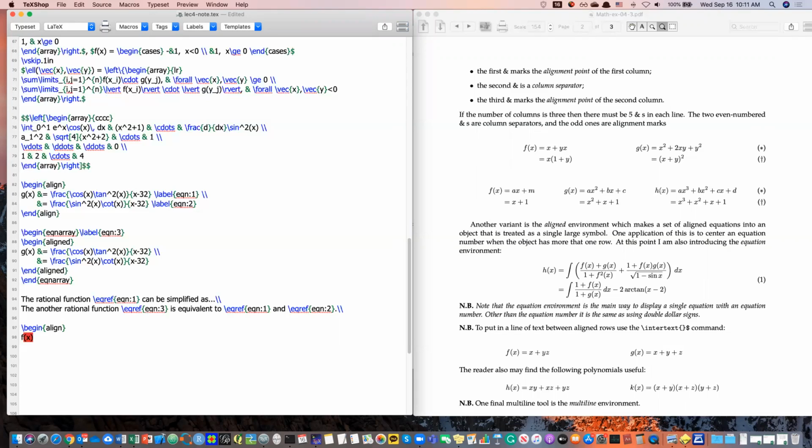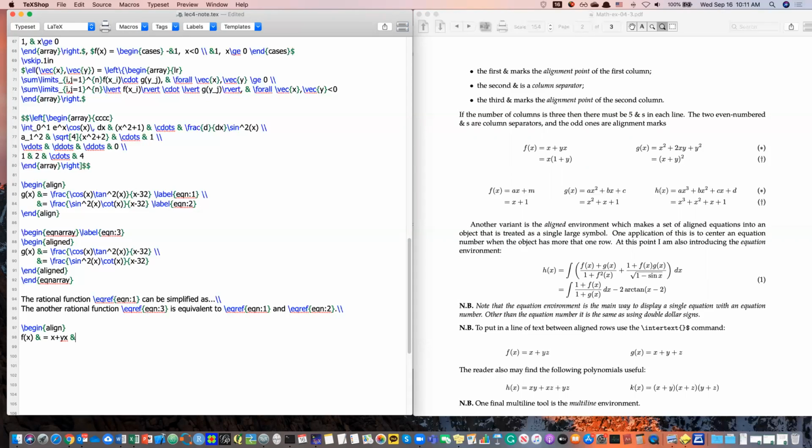Okay, first, look at this. The first ampersand marks the alignment point. Every odd one is an alignment mark. So the first ampersand must be the alignment point. So that is equal to x plus y x.